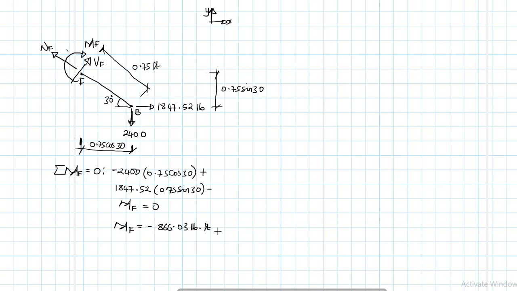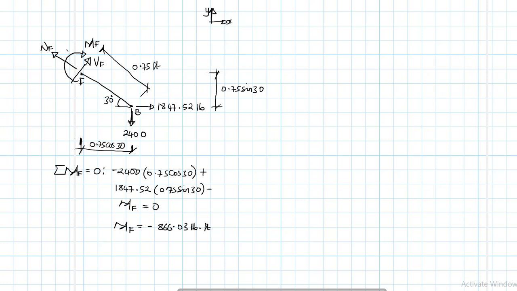So let me just check it. 2,400 by 0.75 cos 30 plus 1847.52 by 0.75 sine 30. Alright, so this is what we have. We have this one. So now let's find the components for this.